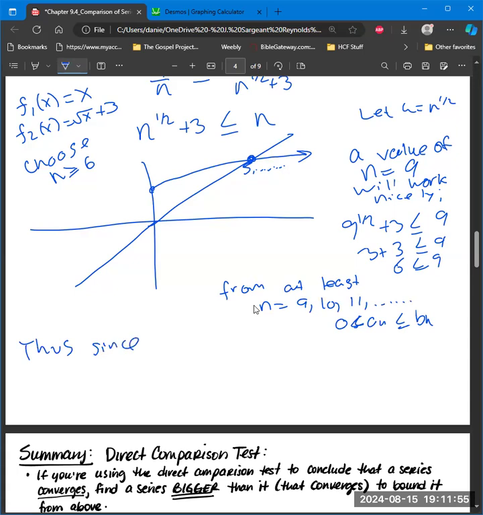Thus, since for n greater than or equal to 9, 0 is less than the sum from n equals 1 to infinity of 1 over n, less than or equal to the sum from n equals 1 to infinity of 1 over n to the 1/2 plus 3.